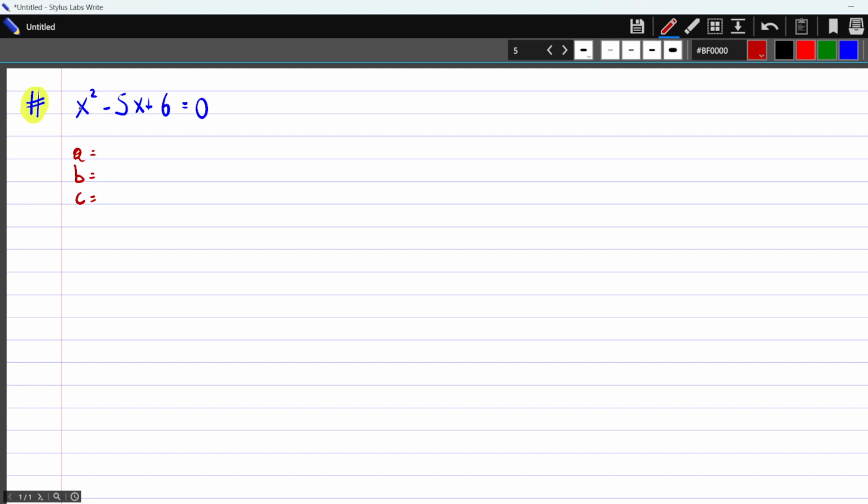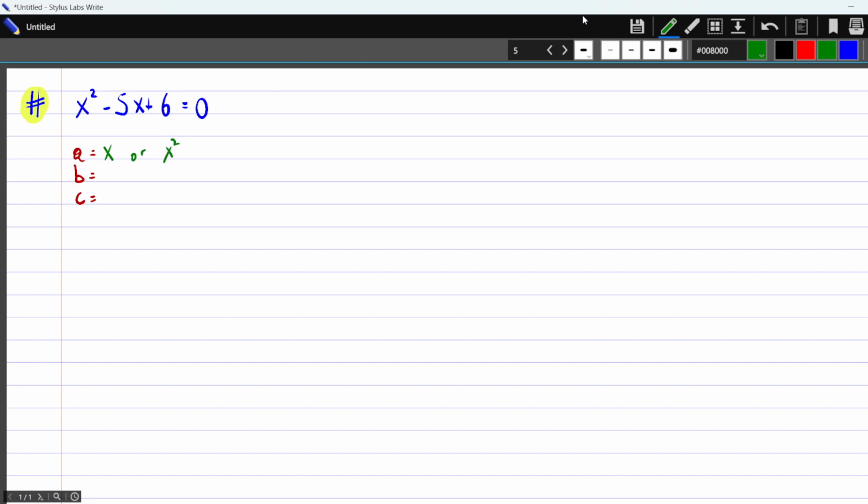A is equal to whatever is in front of x squared, not x squared, not x, only the number that is in front of it. Be very careful because many students make this mistake and write down that a is x or x squared. This is wrong.